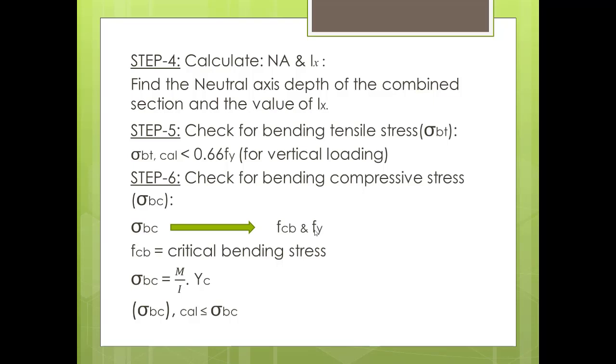From the bending equation we get sigma equal to M by I into Y. Again we have to see whether sigma bc calculated is lesser than sigma bc permissible. It should not exceed the value of sigma bc.